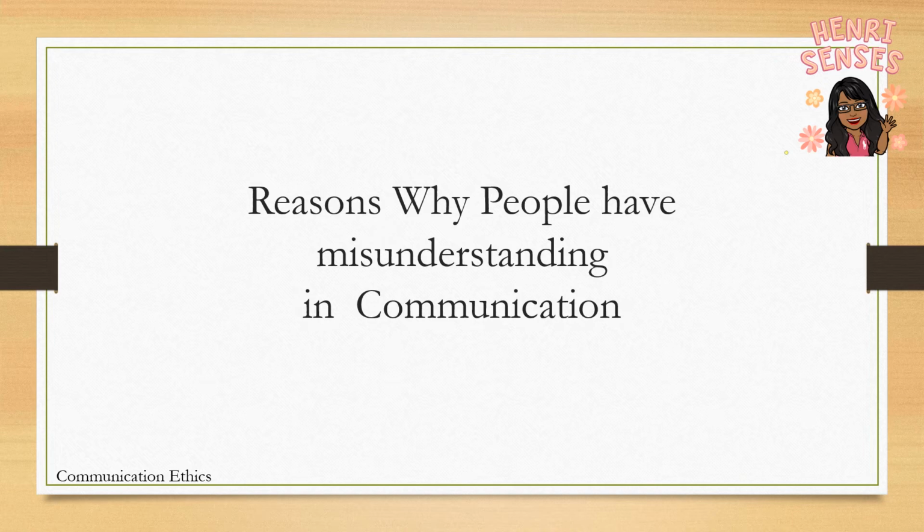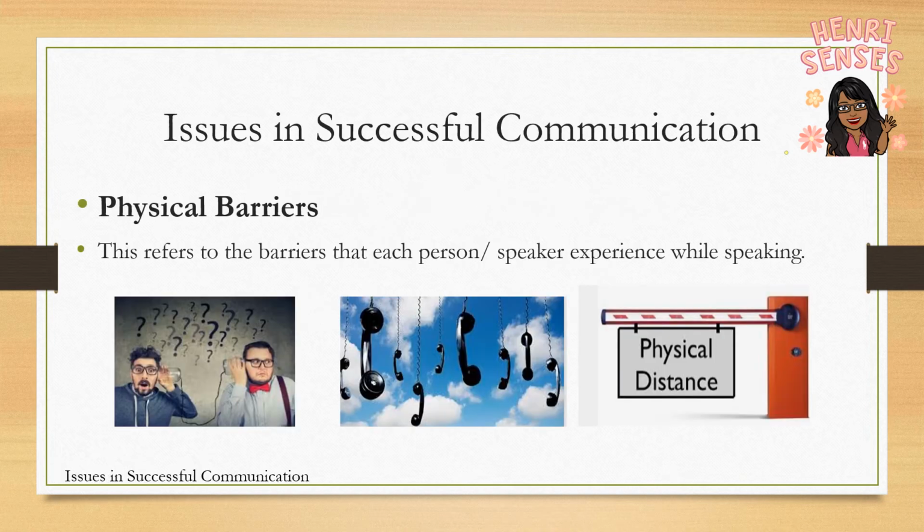Okay, so here are some barriers that we can consider as reasons for misunderstanding in communication. The first one is what we call physical barrier. What do we mean by physical barrier? It refers to the environmental and natural conditions that act as a barrier in sending a message.